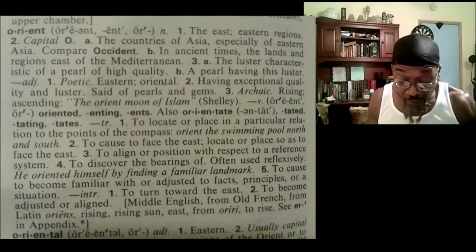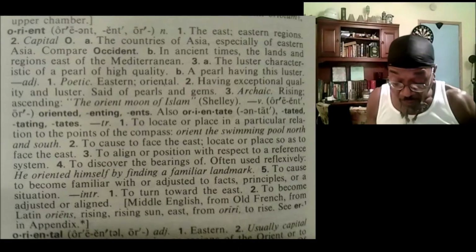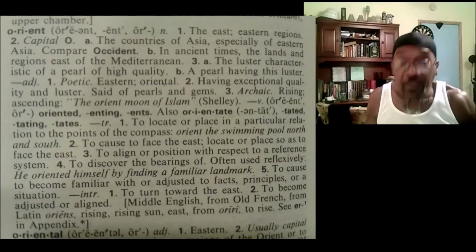You come down and say a pearl having Eastern Oriental having exceptional quality and luster. It goes down to say, you see it on the screen, to cause to face the east. Oh, the Orient moon of Islam. So the east is Islamic.